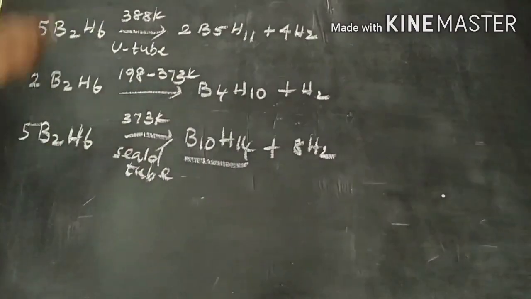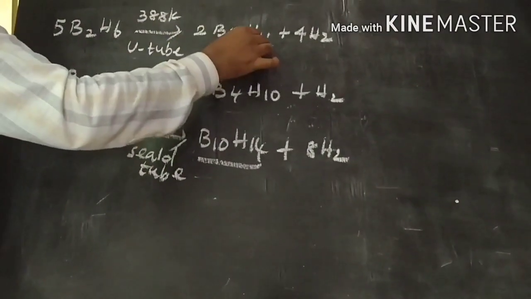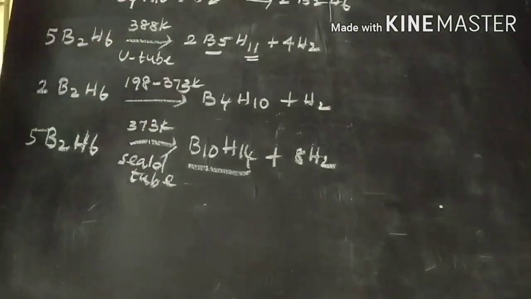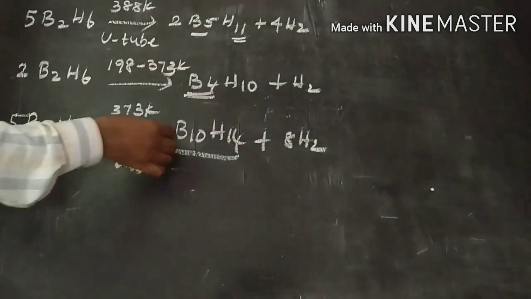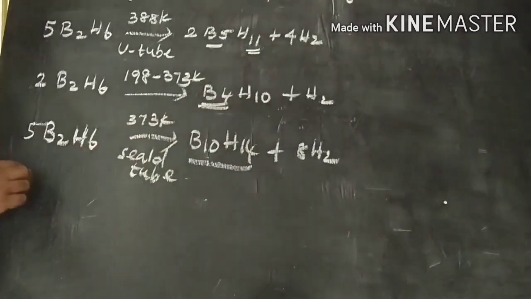That is decaborane. B5 is pentaborane, but hydrogen count is essential here, 11. B4 is tetraborane, and B10 is decaborane. Okay.